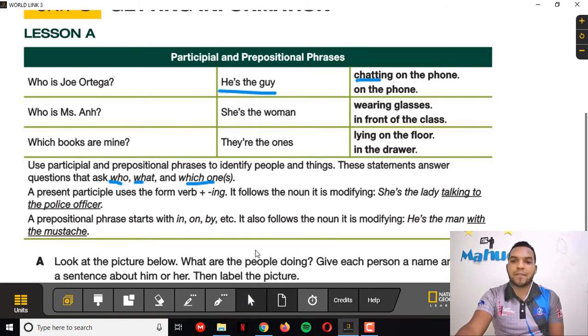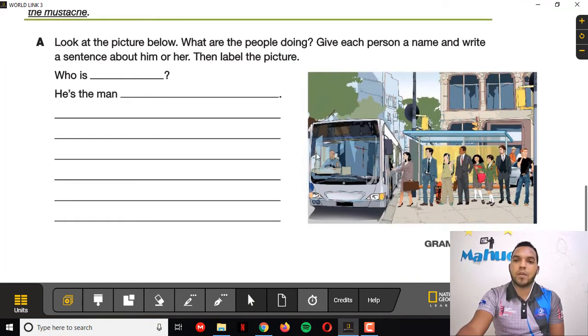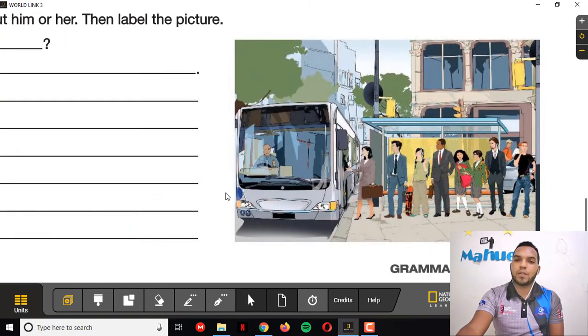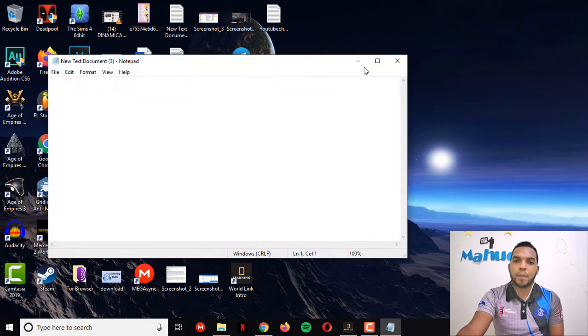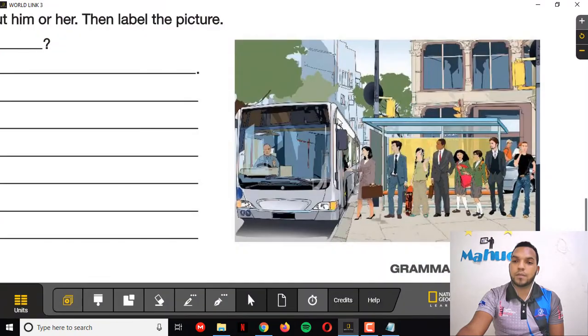In order to have a better example, here you have an exercise that you can do to create questions and also answer. If you look at this photo, we have plenty of people trying to get in the bus. So I'm going to give you a brief example. You can take a look.